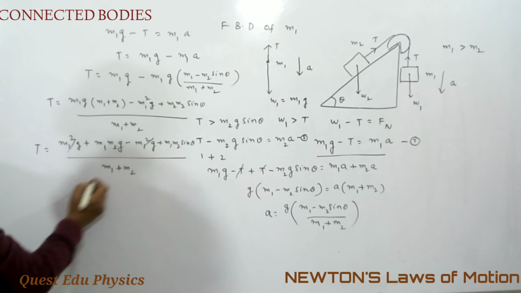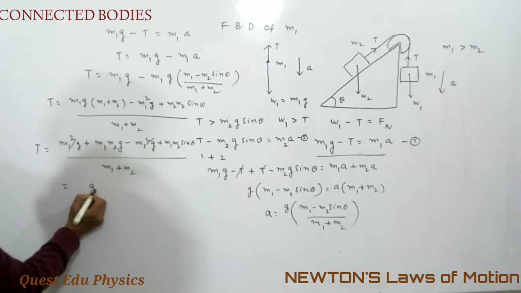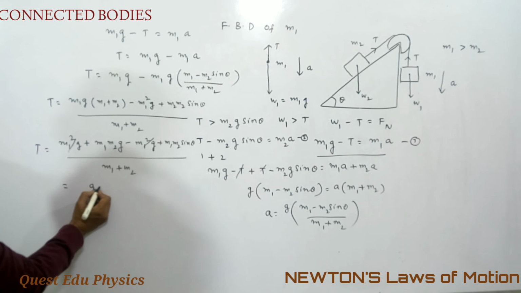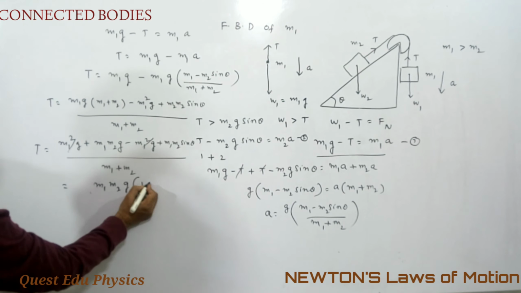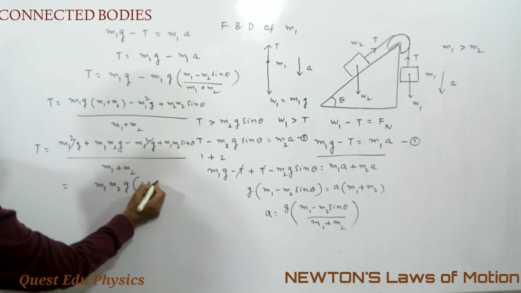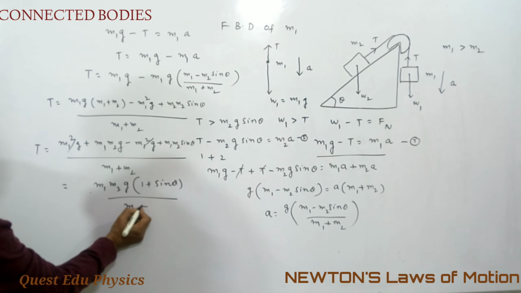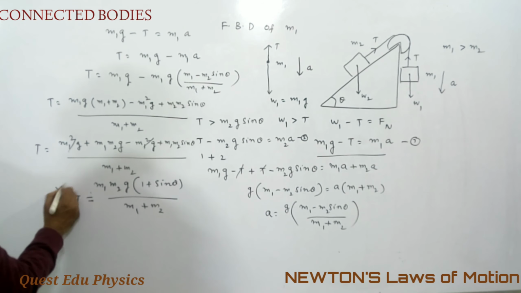And these things get cancelled, but we get M1 M2 is common. We can write it as M1 M2 G of 1 plus sin theta by M1 plus M2. Okay, it's the tension in the string.